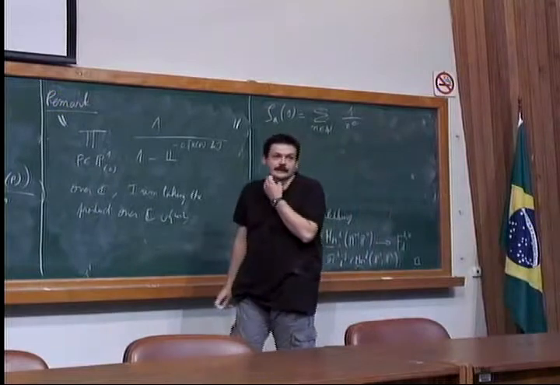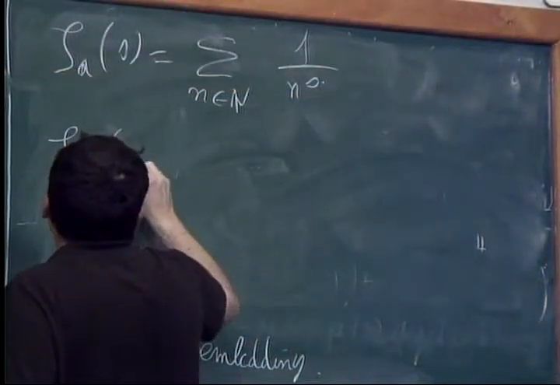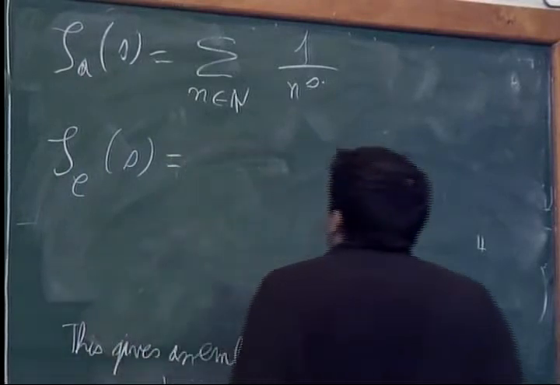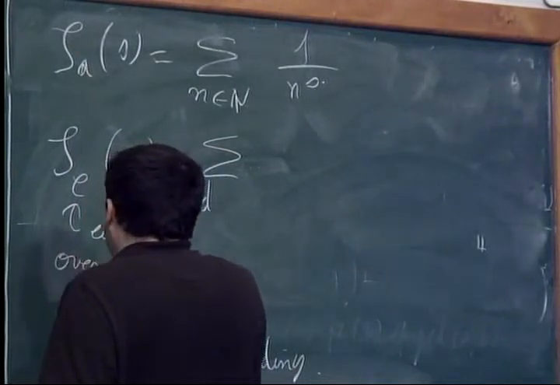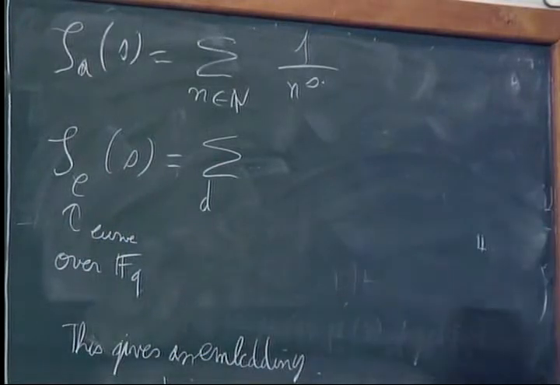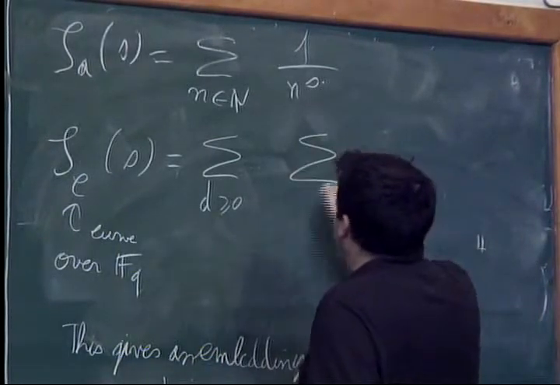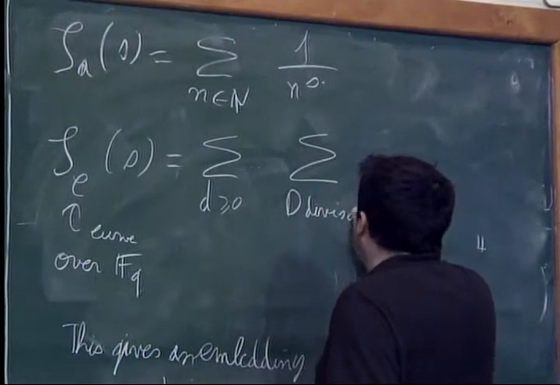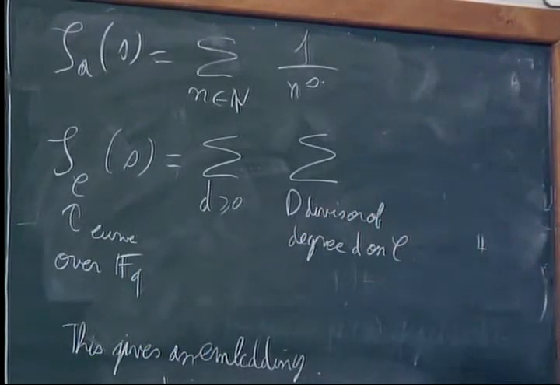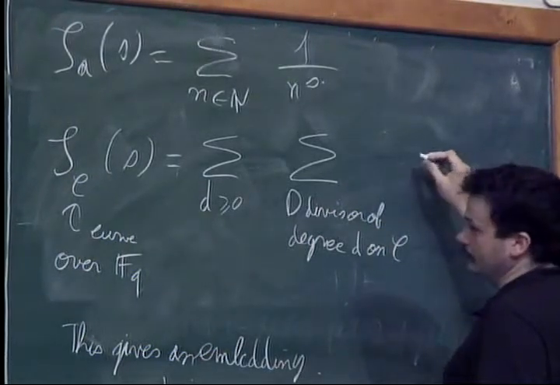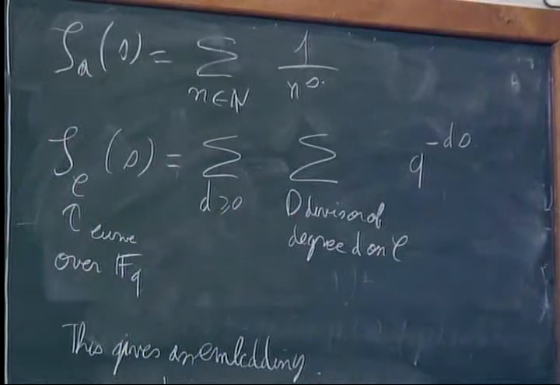And similarly, in the finite field case, you can write zeta of, let's say, a curve C at s as a sum over D bigger or equal to 0 of the sum over divisors of degree D on C, times q to the power minus D s. Okay?